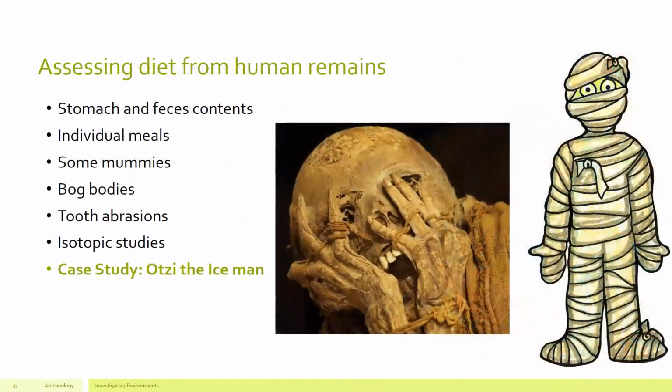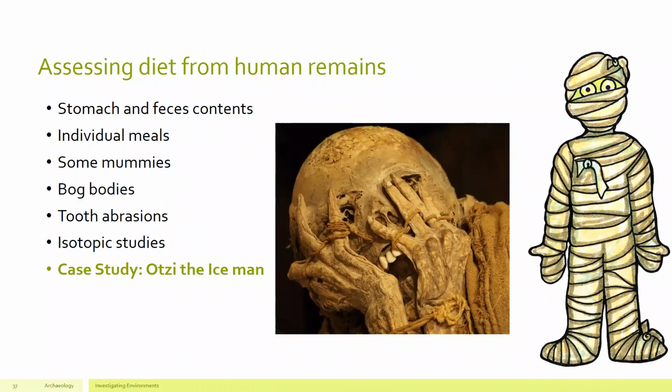If we want to assess diet directly from human remains, we can look at some places where humans are exceptionally well preserved, maybe frozen, maybe in a peat bog, where stomach and feces contents are still present. There are examples of human remains in some cases, like the case study Ötzi, the Iceman, in the Alps of Italy and Austria.